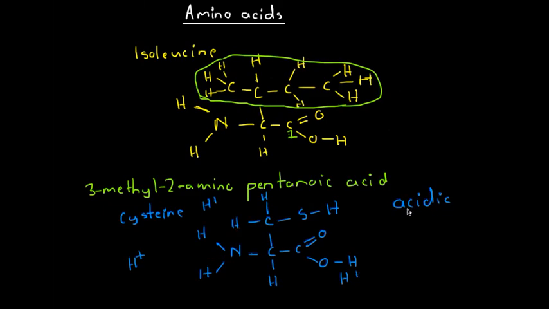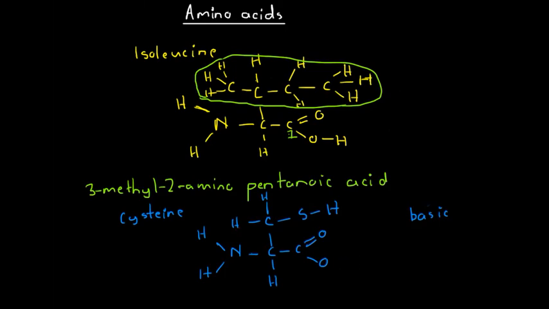Now, if we wanted to look at cysteine in basic conditions, then we could work this out again quite straightforwardly. So we know that cysteine acts as a buffer, so it's going to act as an acid in basic conditions. Also, we can say that in basic conditions there are very few hydrogens floating around in the solution, which means that cysteine is very likely to donate a hydrogen to the solution.